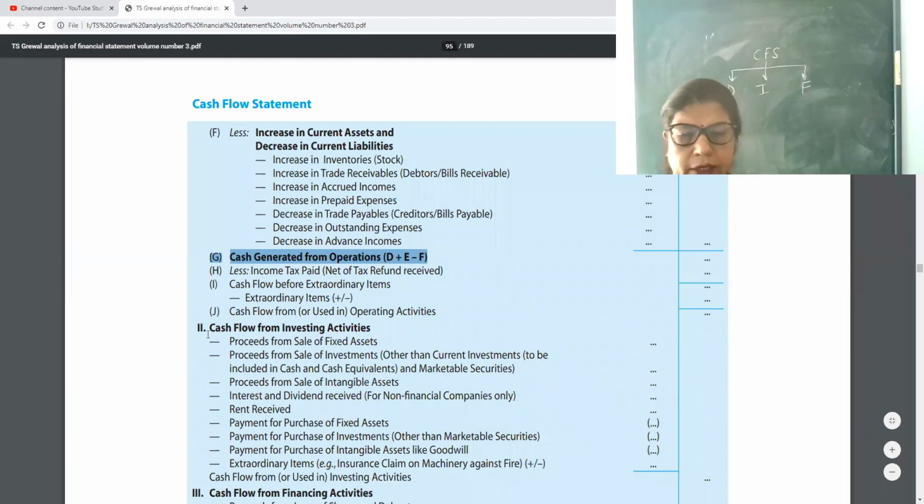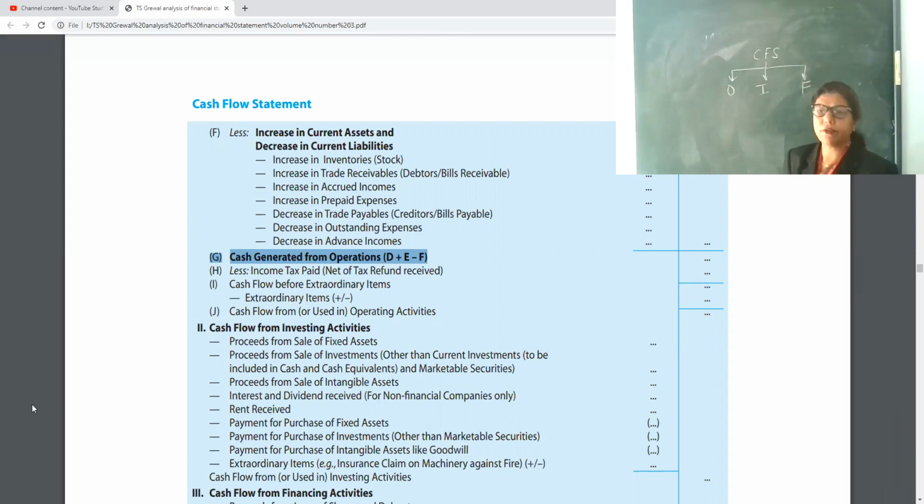Now the second activity, cash flow from investing activities. I told you, in investing activity we think about NCA, non-current assets, which are of two types, tangible and intangible.